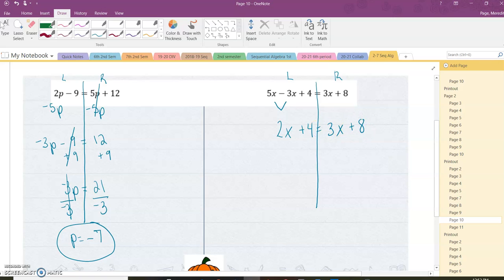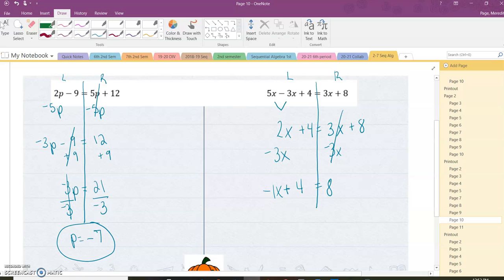And you'll notice I just brought down everything else that I haven't touched yet. Now, I want to get my x's on the left-hand side, so I'm going to have to move over that 3x. So I'm going to minus 3x to both sides. Those cancel. 2 minus 3 is negative 1x. Bring down that positive 4 and bring down that positive 8. Now I got a two-step.